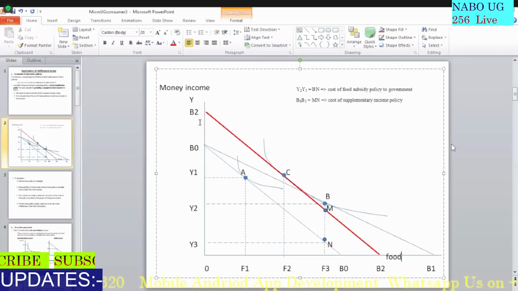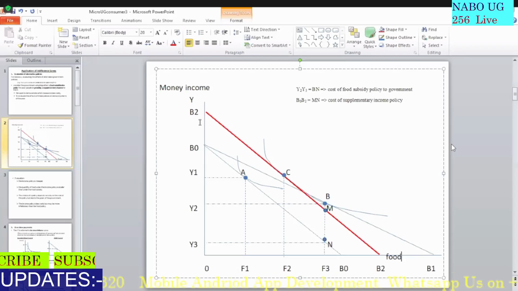So obviously from this, you can see that BN is larger than MN, implying that the food policy is more costly than the income policy.